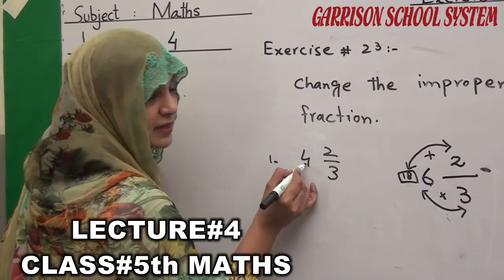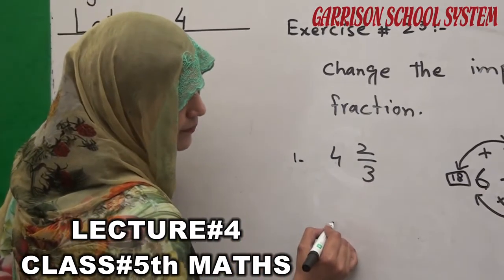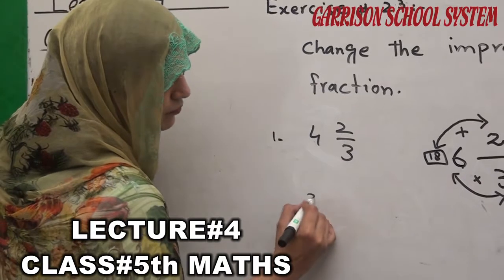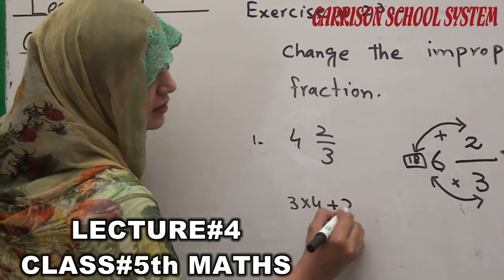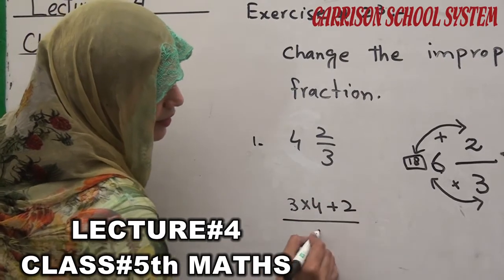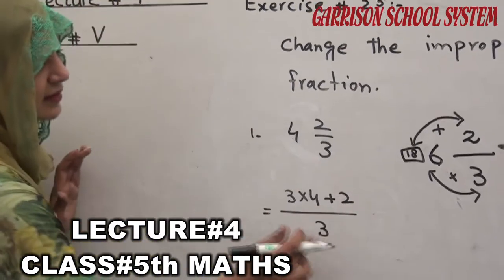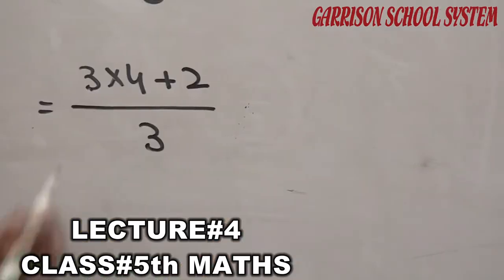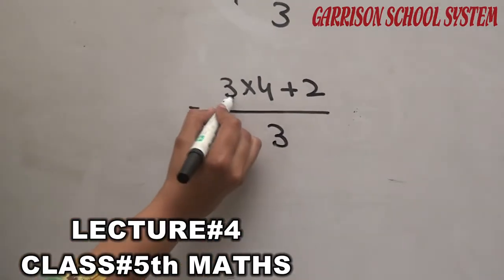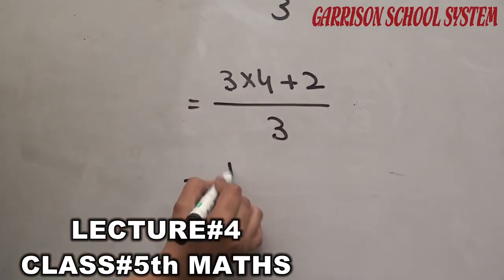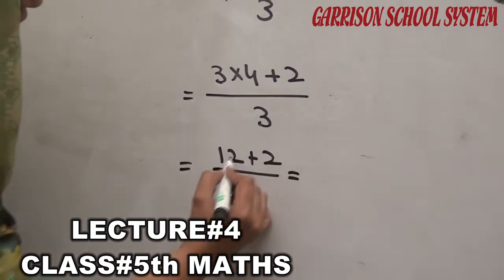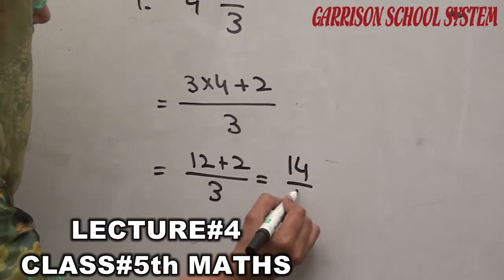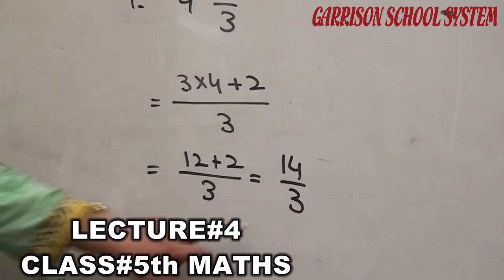we can multiply 3 into 4. Then we will add 2, and the denominator remains the same. Now 3 times 4 is 12, plus 2 is 14, and here the denominator remains the same.